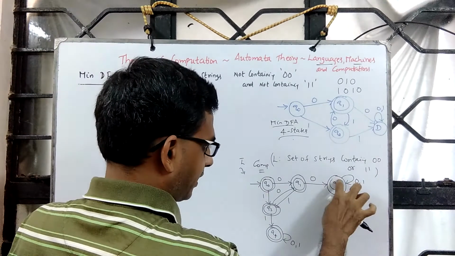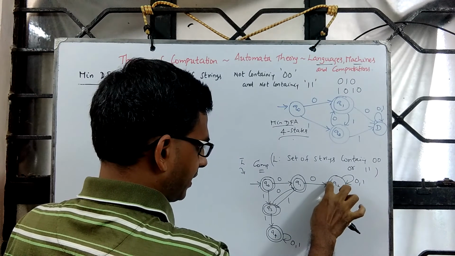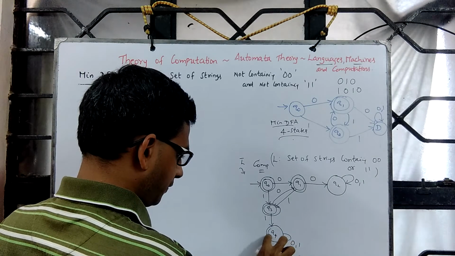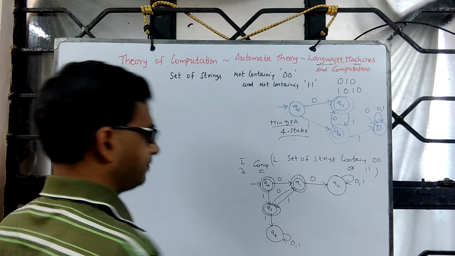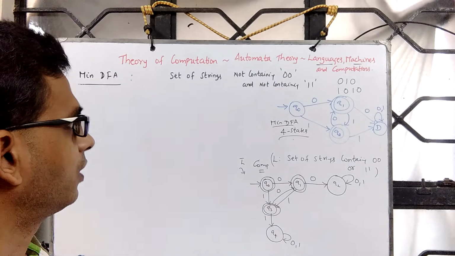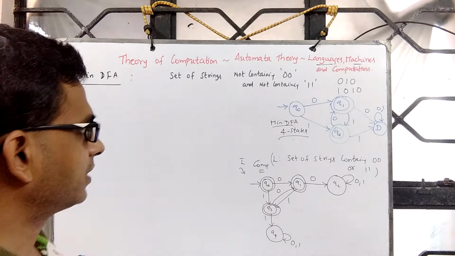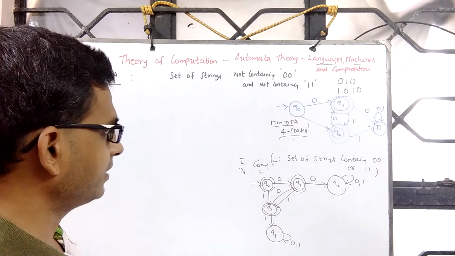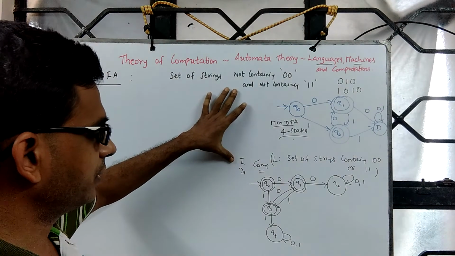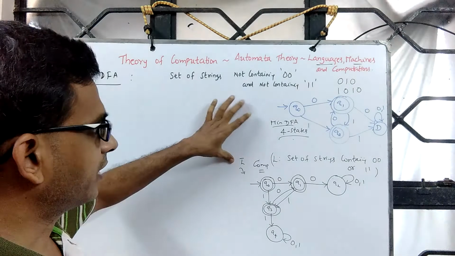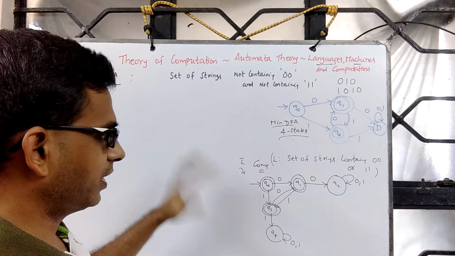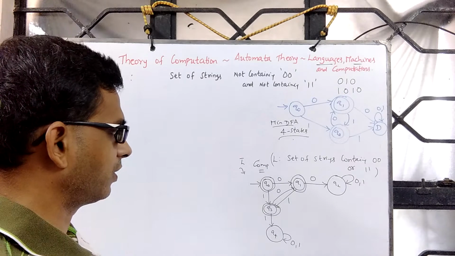Then a final state will become a non-final state, so these two will become non-final. So the complement says the set of strings not containing 0 0 and not containing 1 1. So neither 0 0 nor 1 1.